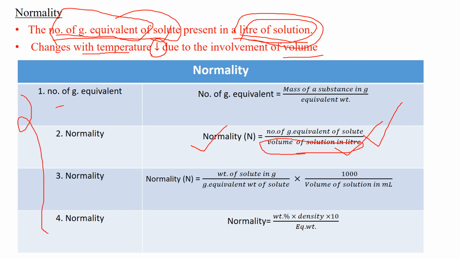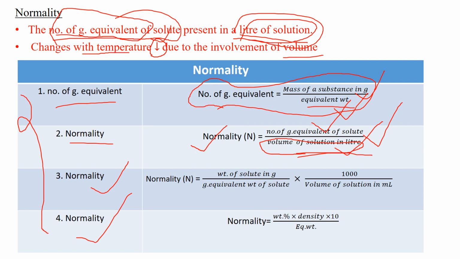Number of gram equivalents is calculated by mass of substance in gram divided by equivalent weight. And we have already discussed the calculation of equivalent weight. And normality is number of gram equivalents of solute divided by volume of solution in liters. Similarly, here are different methods for the calculation of normality. You have to remember this formula to solve the numerical problems in any case.